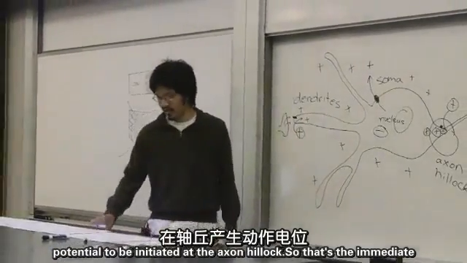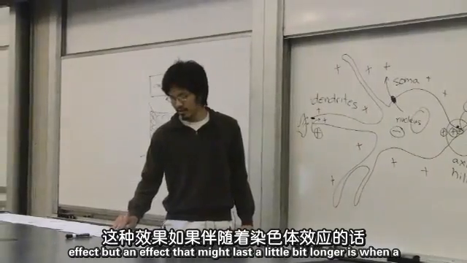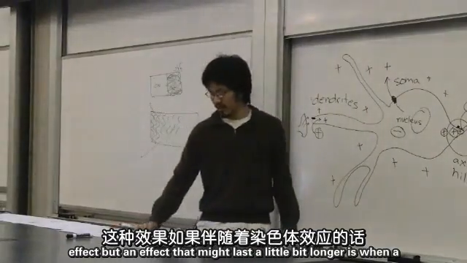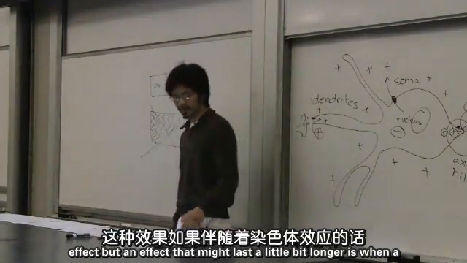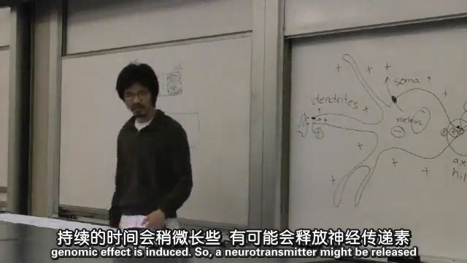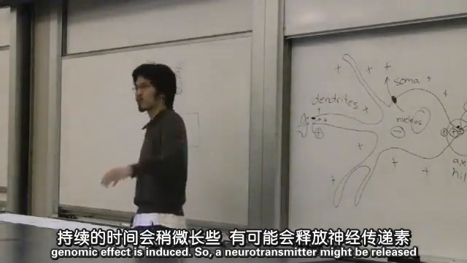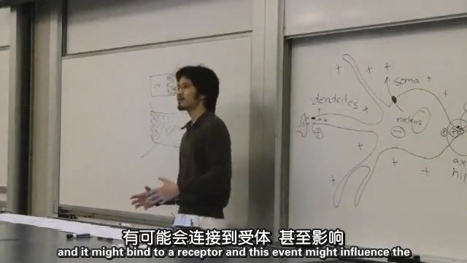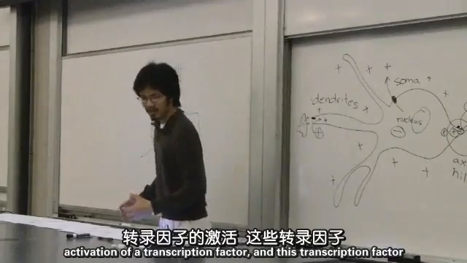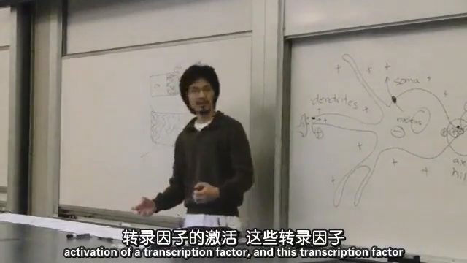So that's the immediate effect, but an effect that might last a little bit longer is when a genomic effect is induced. A neurotransmitter might be released and bind to a receptor, and this event might influence the activation of a transcription factor.